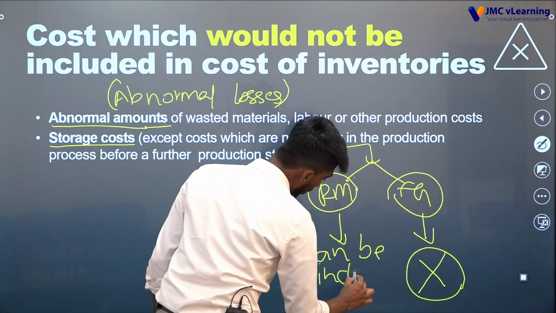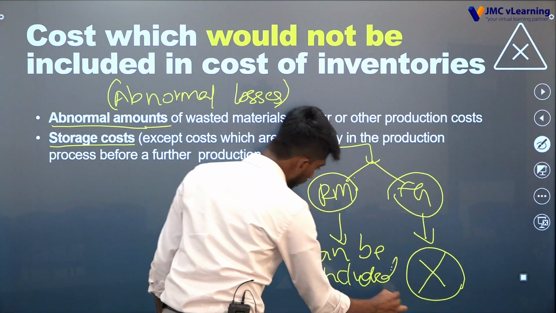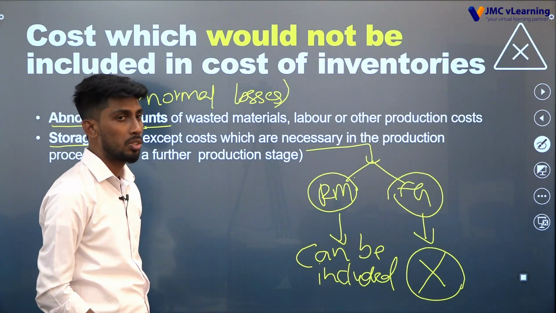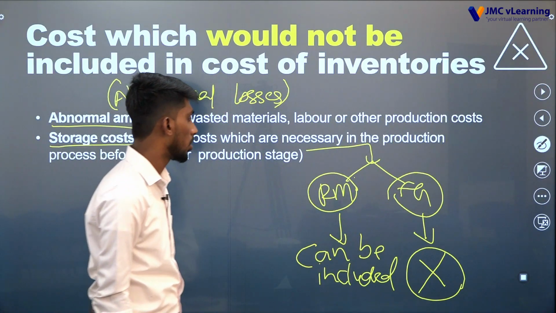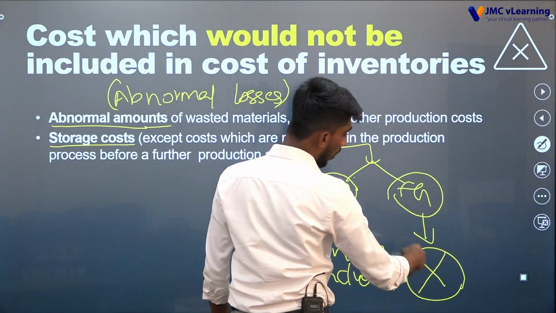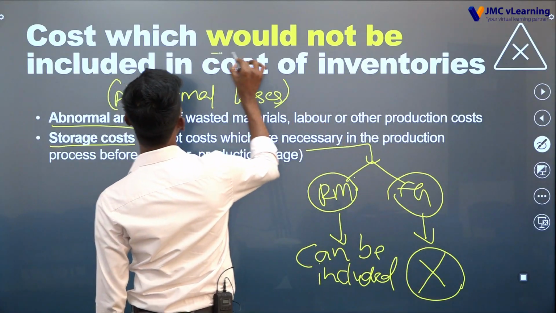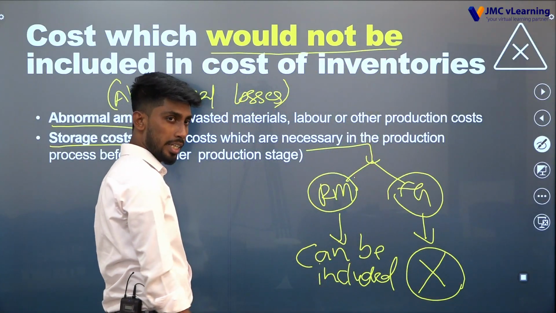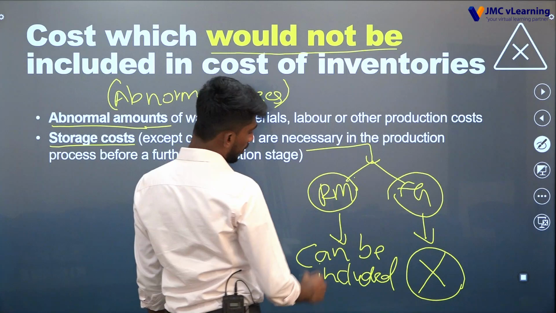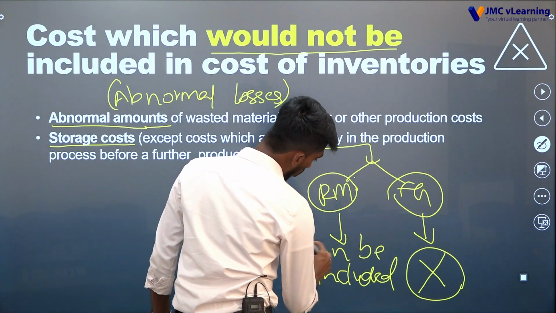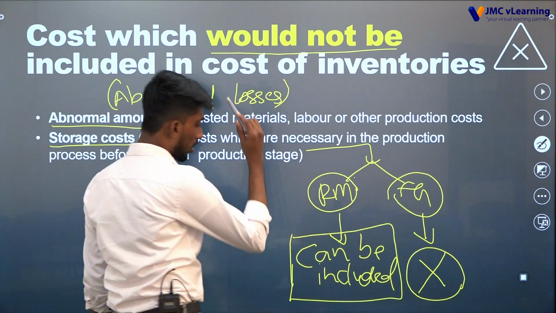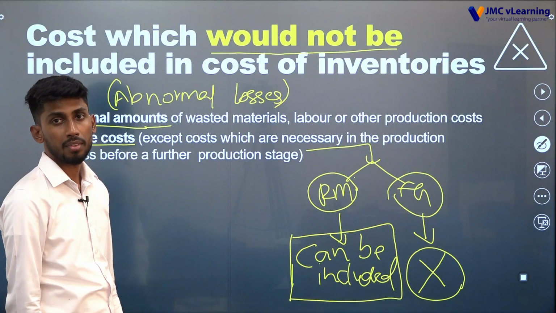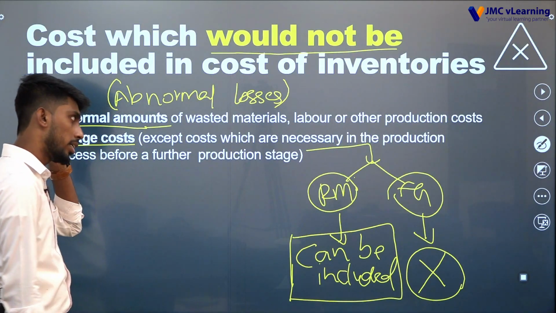Make notes. So, when it comes to storage cost, the finished goods storage cost cannot be included. That's why they have mentioned it here. But the raw material storage cost can be included. Okay.